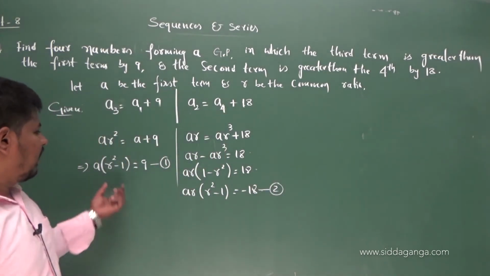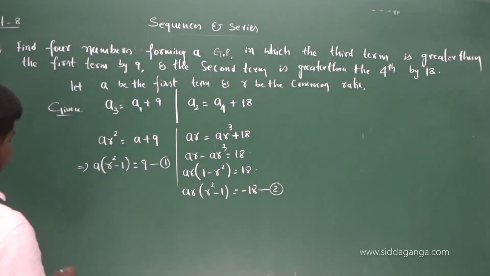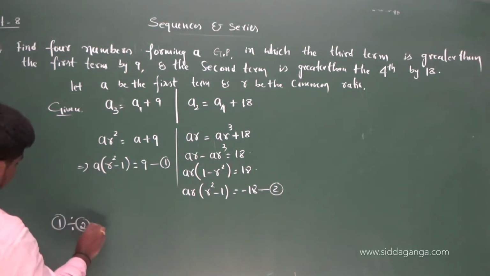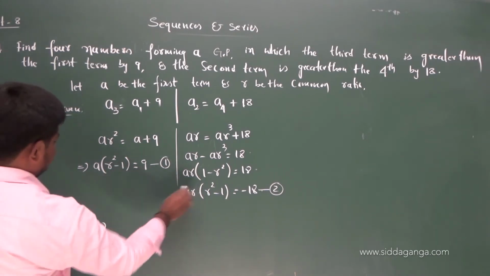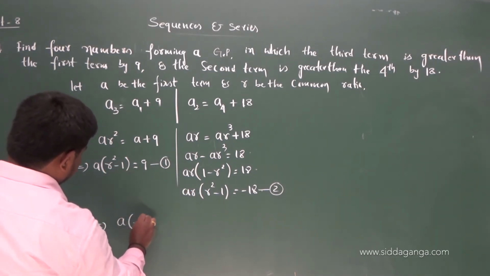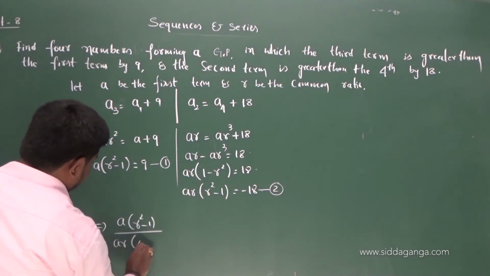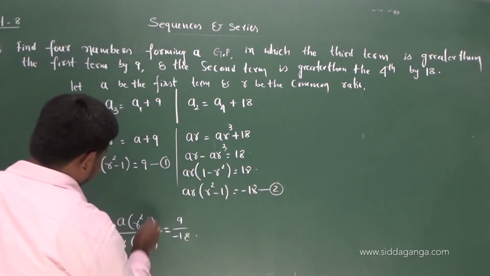Now divide equation 1 by equation 2. A(R square minus 1) divided by AR(R square minus 1) is equal to 9 by minus 18.